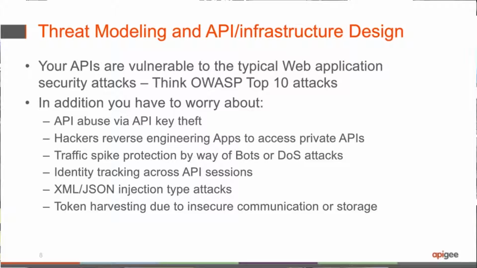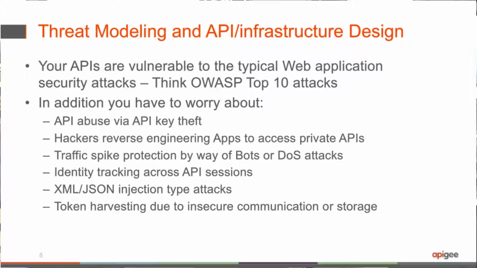Now, if you ask why API is any different, it is no different from your standard web application development. So you should be following the exact same SDLC process, starting with the threat modeling all the way to testing. Folks who are very familiar with the attack vectors on web applications would probably be looking at the OWASP top 10.